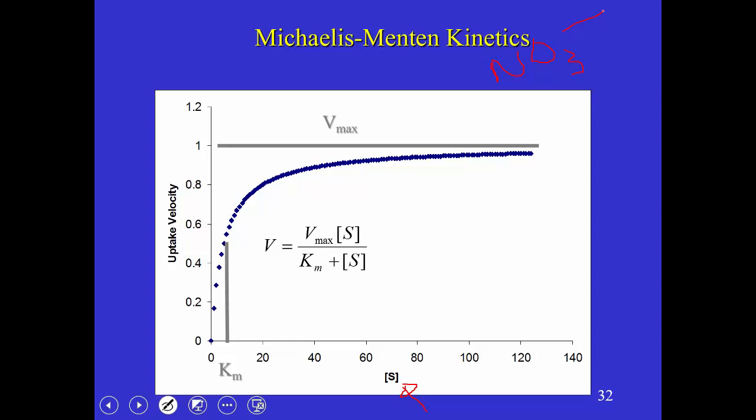So you've probably heard about this in grade school, this relationship that you may have seen first for enzyme kinetics, which is what it was first devised for. But it's been transplanted without any change to talk about the uptake velocity of a nutrient as a function of substrate concentration.